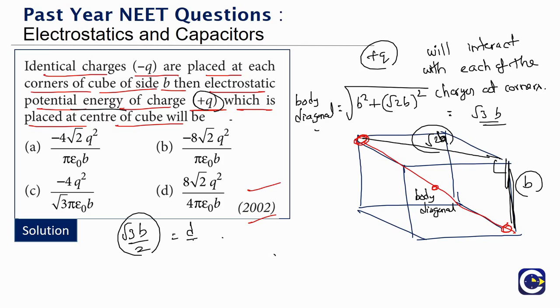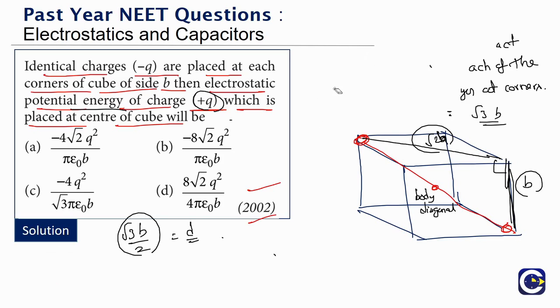Now the charge arrangement is given. All 8 corners have charges minus Q kept, and at the center we have plus Q. We need to find the potential energy of the charge kept at the center, which is the plus Q.